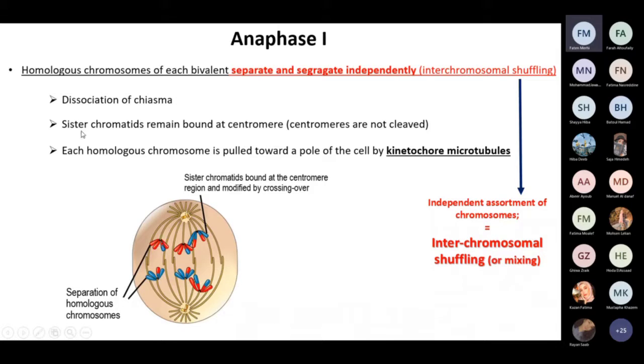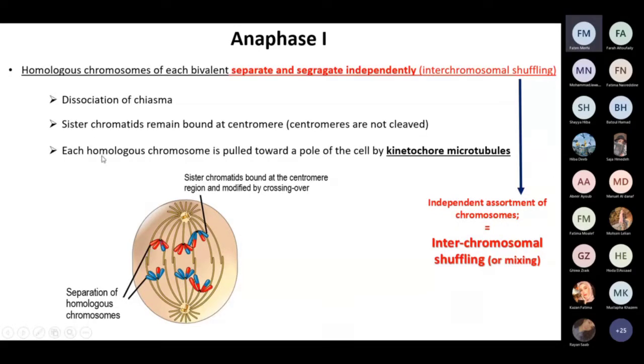And the sister chromatids of one chromosome will remain attached to each other at the level of the centromere. So the centromeres are not cleaved, to keep one entire chromosome on each pole. Okay, we don't need to separate the chromatids now. We need to separate the homologous chromosomes. That's why here the centromere is maintained.